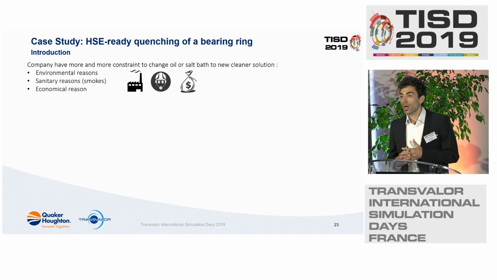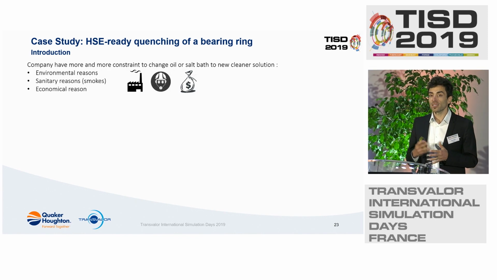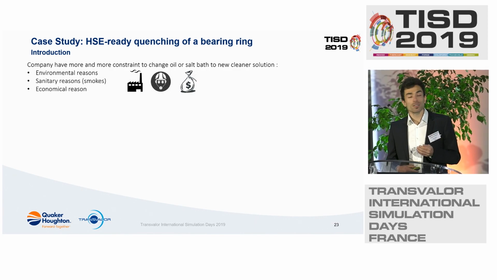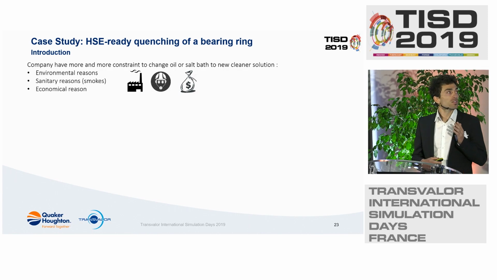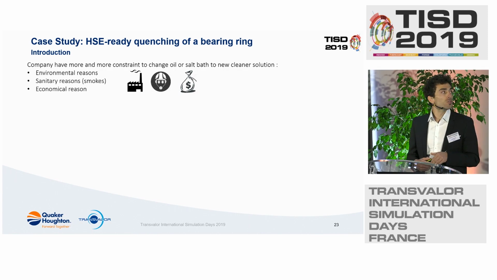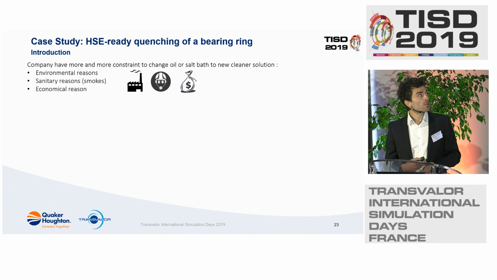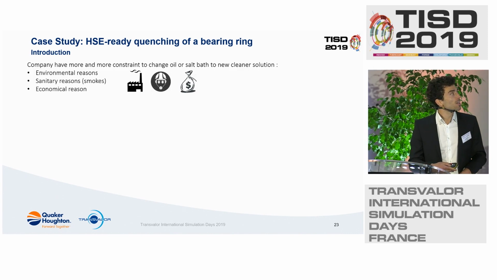Today, Quaker Houghton and its clients have more and more constraints to change oil bath solution to cleaner solution due to environmental reasons imposed by norms, for example, sanitary reasons for people working in the plant and people living next to the plant, and of course, economical reasons.